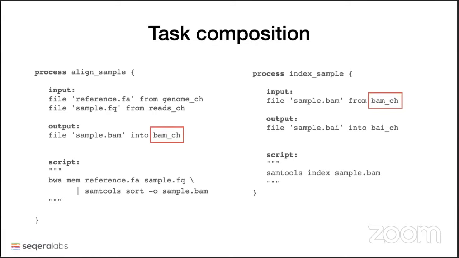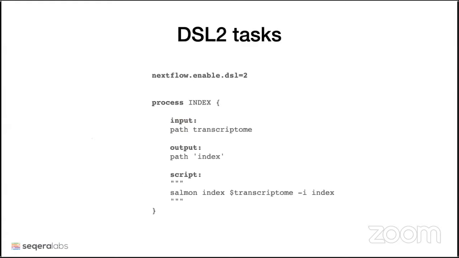So with DSL2, how we do this is we simply get rid of the channels. We can take our index process and just remove the need to define where the process input is coming from. One thing to note is that you need to have this at the start of your Nextflow script: nextflow.enable.dsl=2.